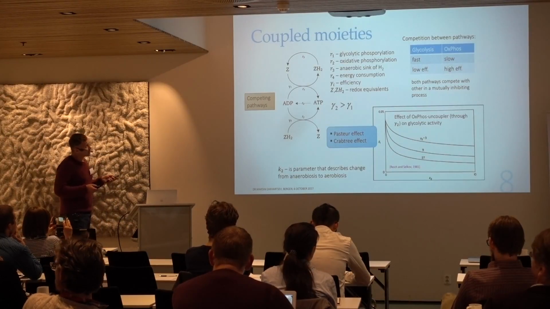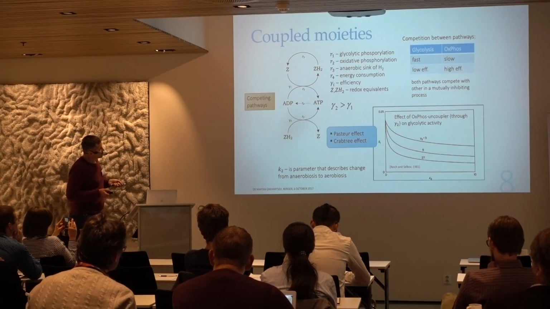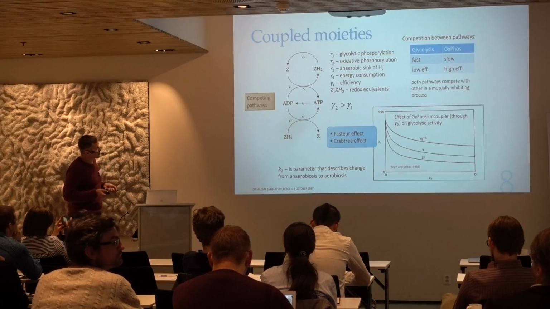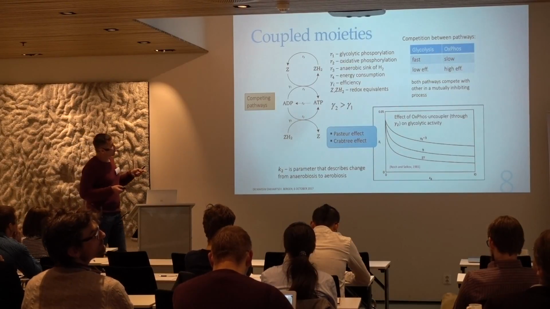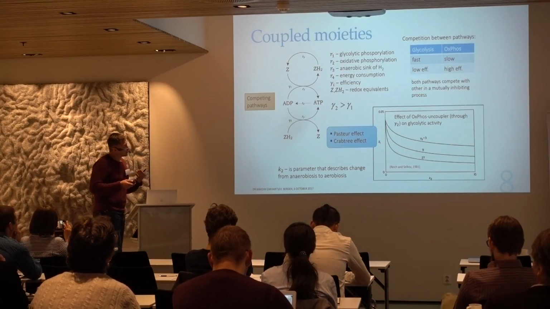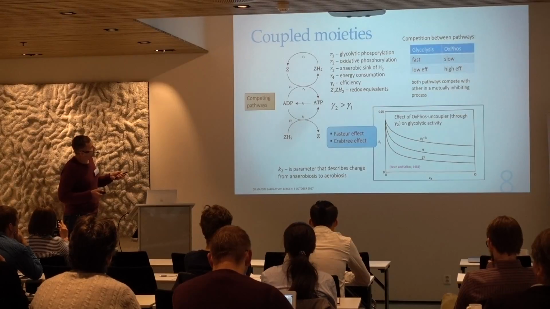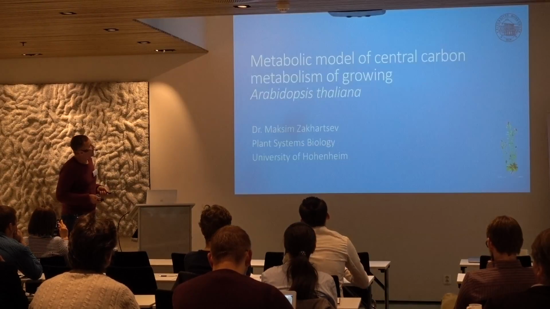This very simple example of the energy metabolism can explain the Pasteur effect and the Crabtree effect. When something happens in the environment, the system takes either this scenario or that scenario.